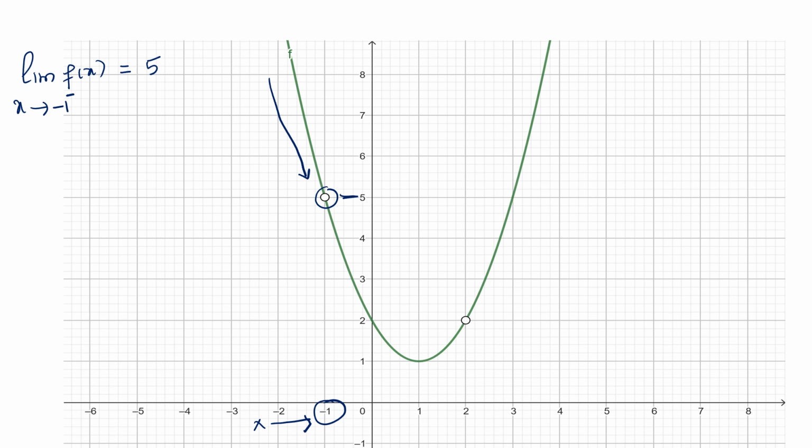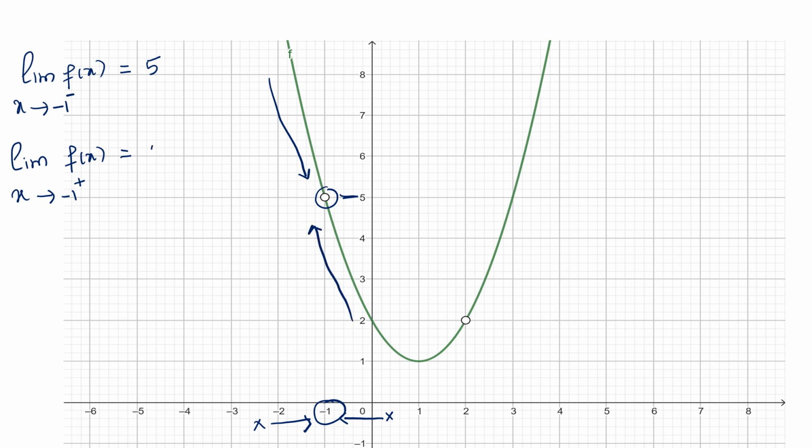We can find the right limit. The limit of f of x as x tends to minus 1 from the right side. Suppose here x approaches minus 1; the corresponding value here is approached.